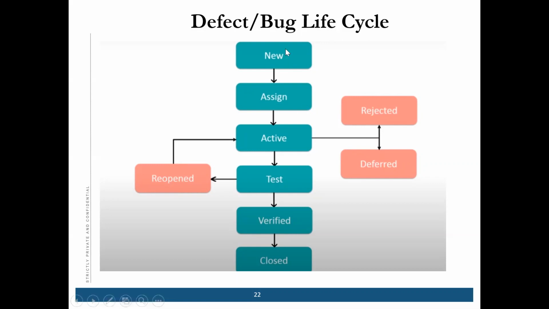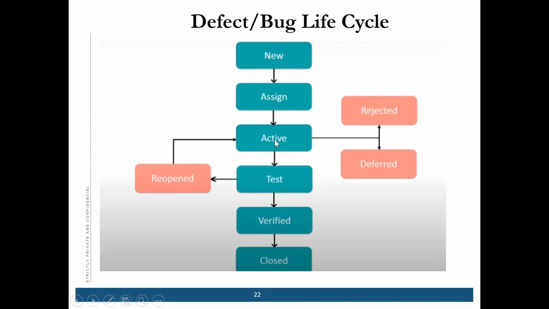In all these stages, different people are involved, because it is not that all of this is done by the tester. The tester can open the bug; here you can say either new or open. Assignment may or may not be done by the tester.